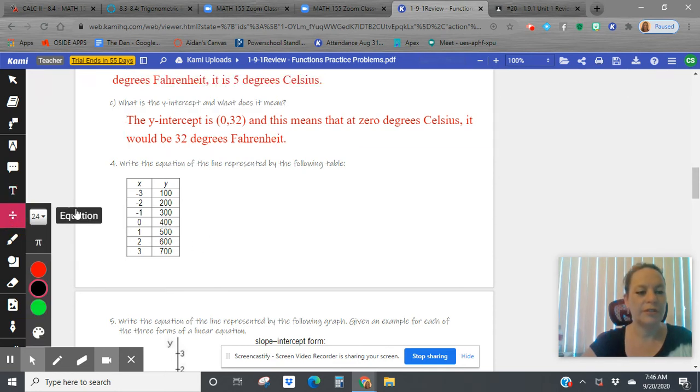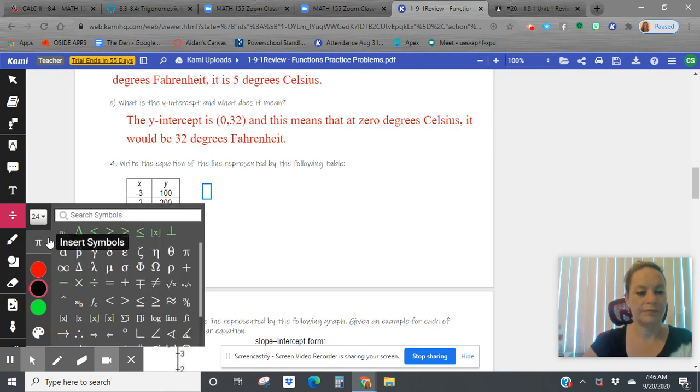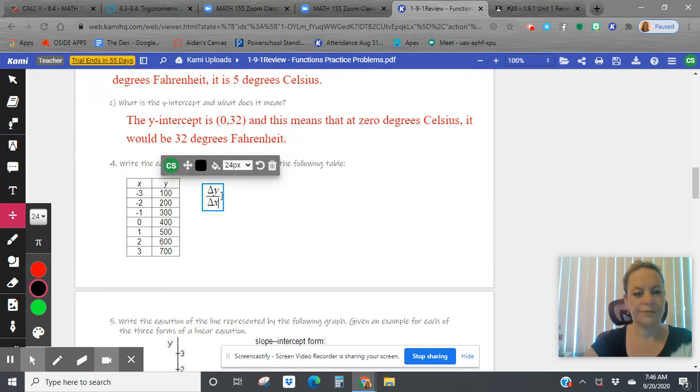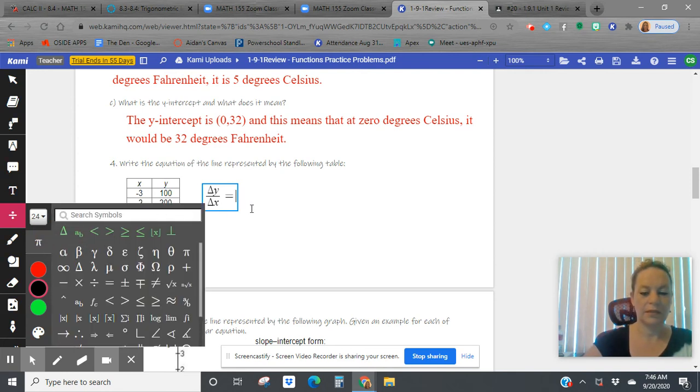So change in y over the change in x is the same as y2 minus y1 over x2 minus x1, and this is going to give us our slope in order to write the equation.